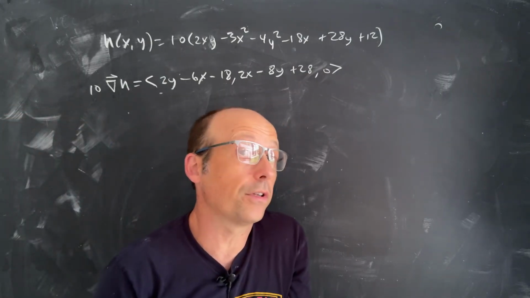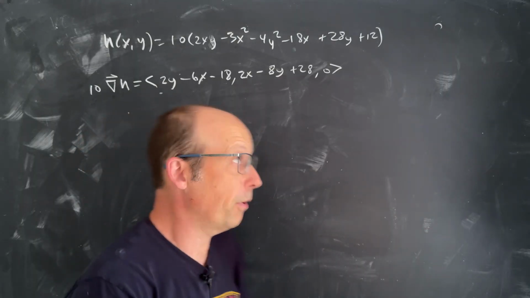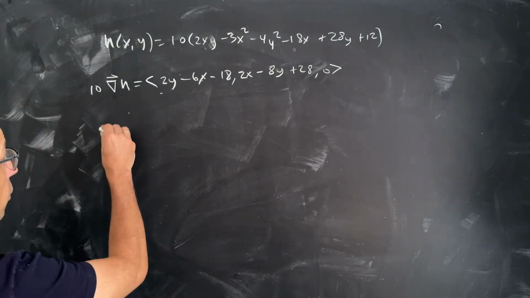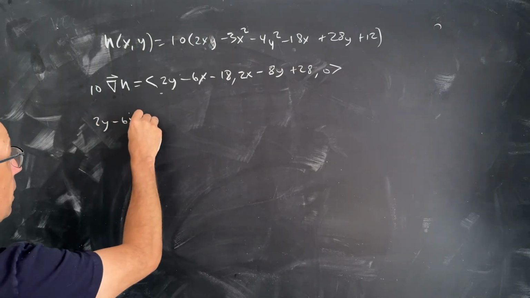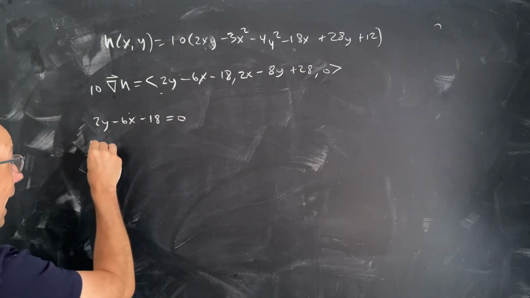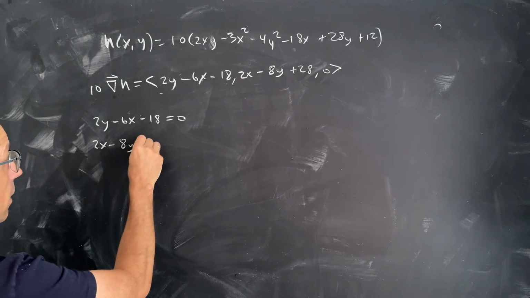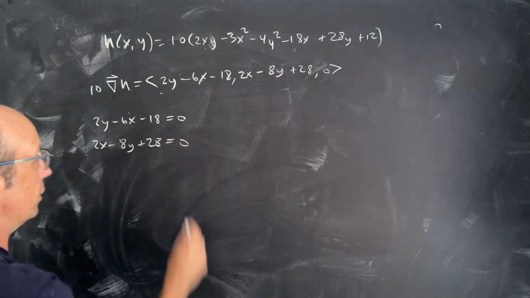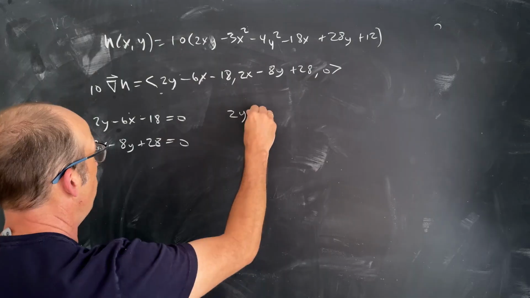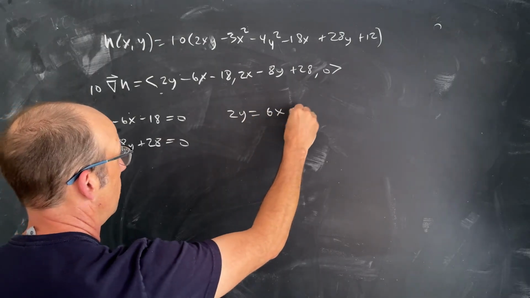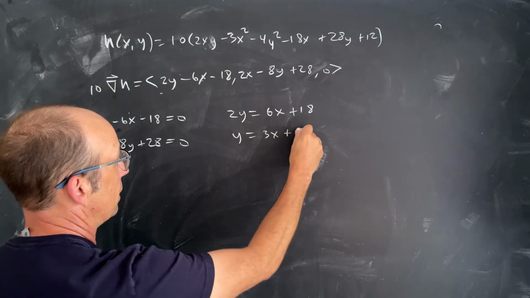Now, if I set that equal to the 0 vector, I get a 0 component for the x direction, a 0 component for the y direction. So I get the following two equations. 2y minus 6x minus 18 equals 0, and 2x minus 8y plus 28 equals 0. Let's go ahead and solve this for y. So I get 2y equals 6x plus 18, or y is 3x plus 9.